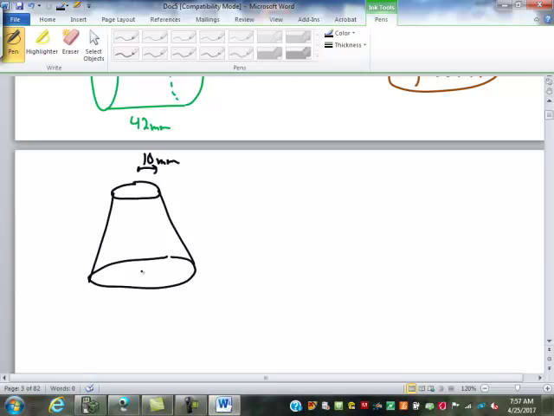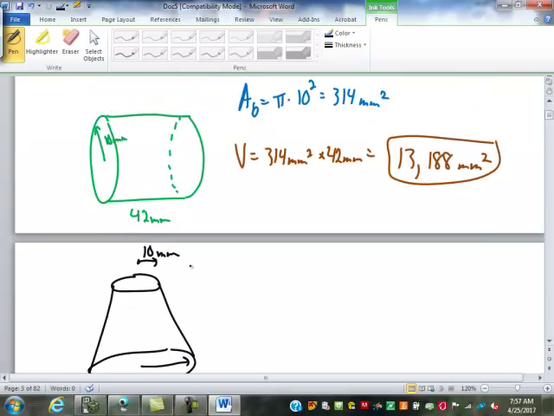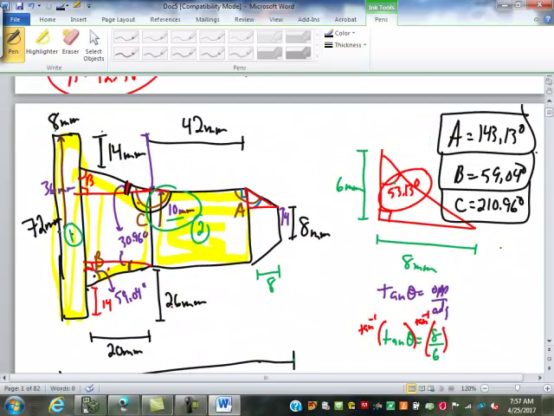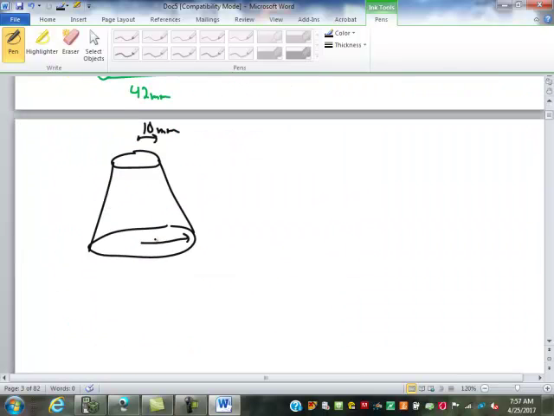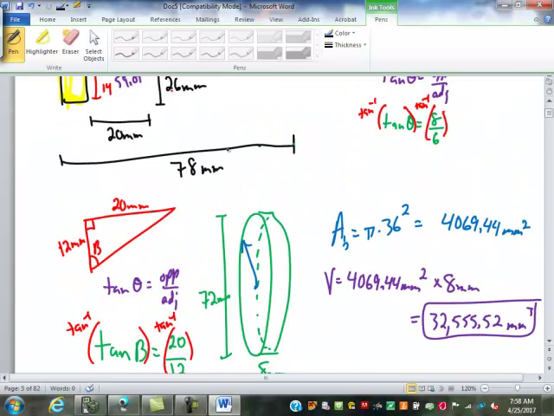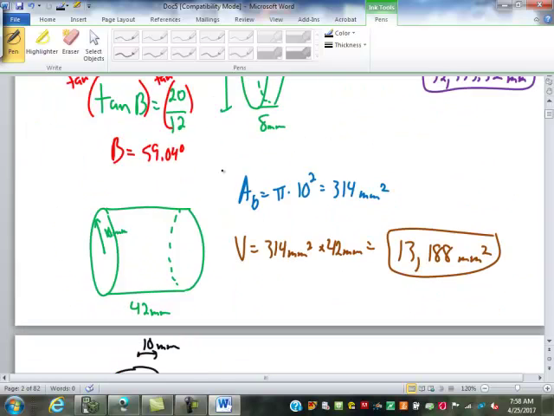And the radius down here, gotta double check, was 36 minus 14 is 22, right? So that's 22. And the height of this is 20.